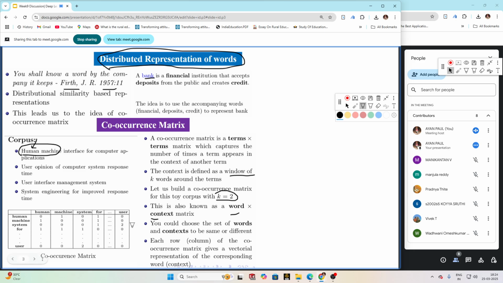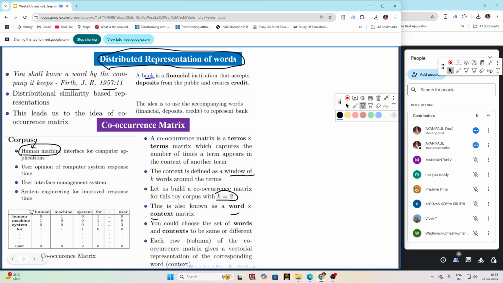Okay, and then you will be seeing what is the window. Window is how many words together we are interested in. So like window is 2, so we will be seeing only two words at a time.